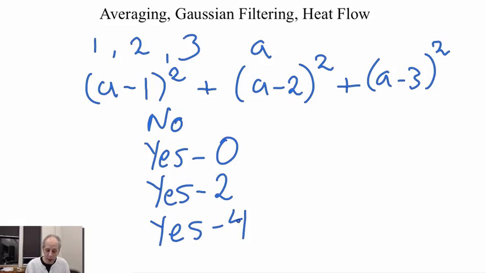Okay, let's explain. The answer is 2. How do I know that? Because it's the average of these three numbers. The number that will minimize this sum is the average of these numbers. This is a very interesting property that in general reads as follows.